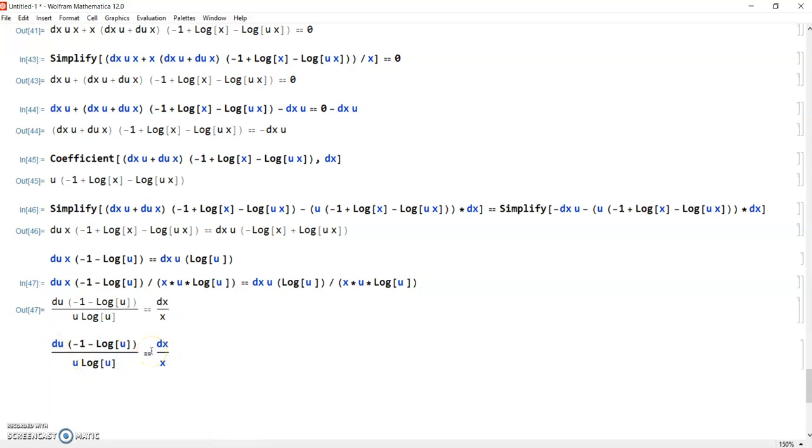Because we want to now integrate, you can manually remove it here and then replace it with 1. And now integrate it with respect to u, and then integrate with respect to x.